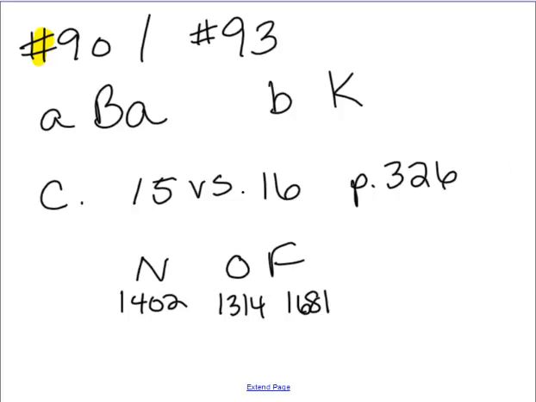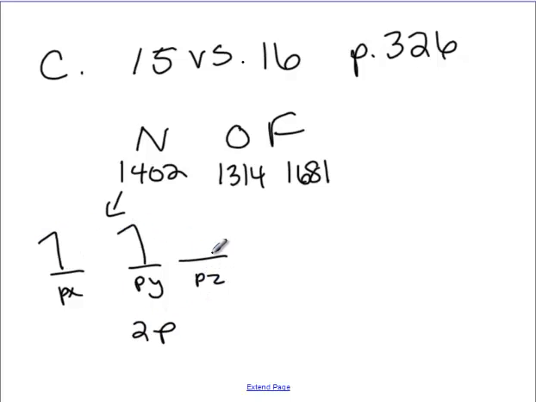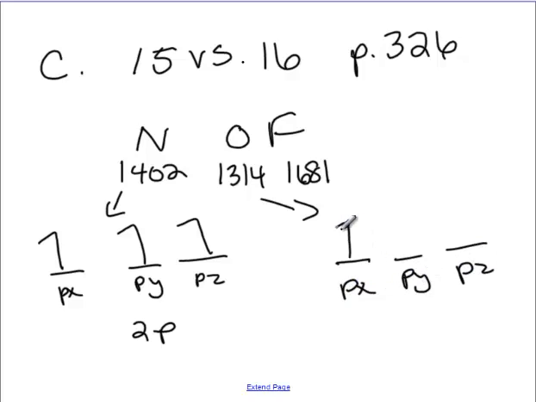And why is that? Well, it all comes down to those electron configurations. The electron configuration for nitrogen, if we do the px, py, pz, this is 2p. There's 3 of them. So each one of those p's only has 1 electron floating around. When you get to oxygen, px, py, pz, you have 1, 2, 3, and then 2 electrons.